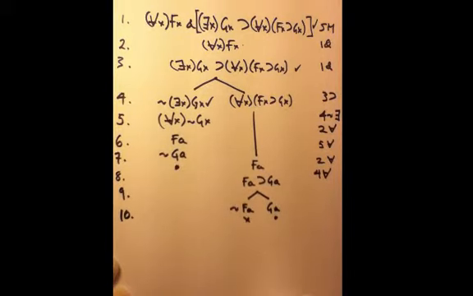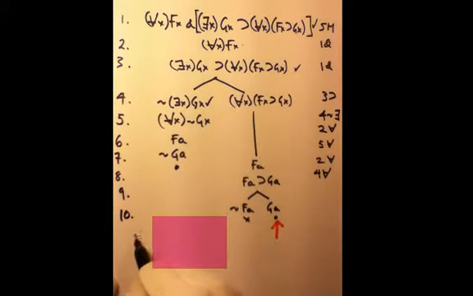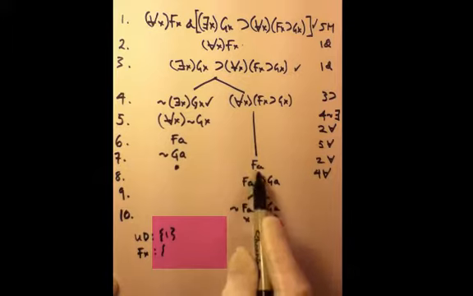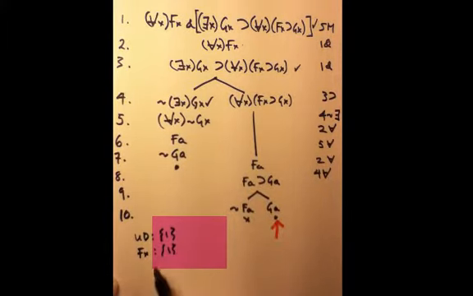We can use either one to create an interpretation on which the given sentence at the top is true. So for instance, if we use the branch on the right-hand side here, we can see that our interpretation is going to require only one element in the universe of discourse, and the predicate f of x is going to have that element in its extension, and so is the predicate g of x, and A is just going to be that one.